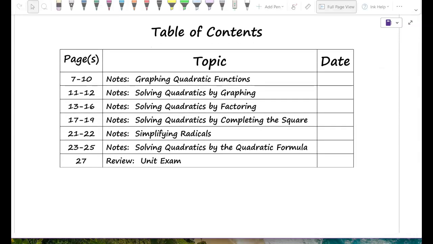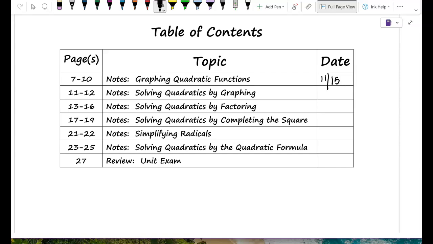We are going to get right into graphing quadratic functions. We are going to start today. So we're going to put 11/15 as the date there. And then we're going to stay on that page because we need to do our essential questions for this unit.